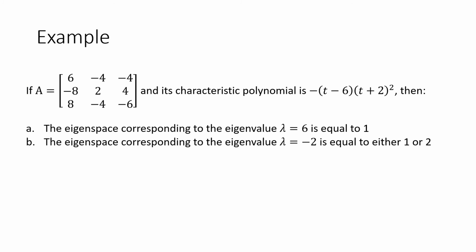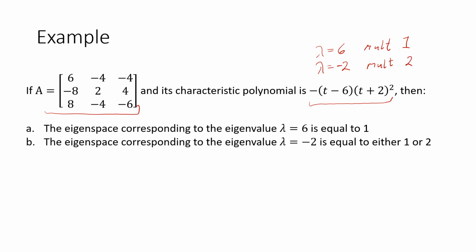So for example, here is a matrix that I've given you, and I give you its characteristic polynomial. When you work out its characteristic polynomial, you will get this. This gives you two eigenvalues. We have lambda equals 6 with multiplicity of 1, and we have lambda equals -2 with the multiplicity of 2.